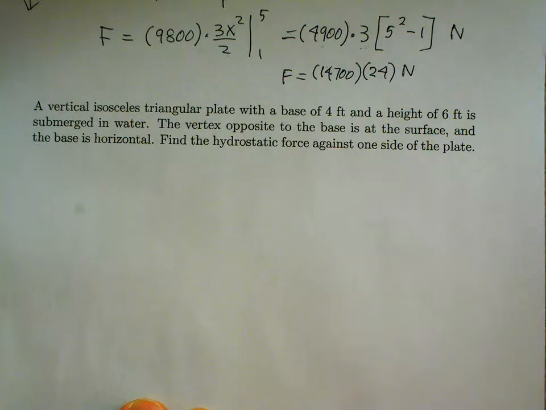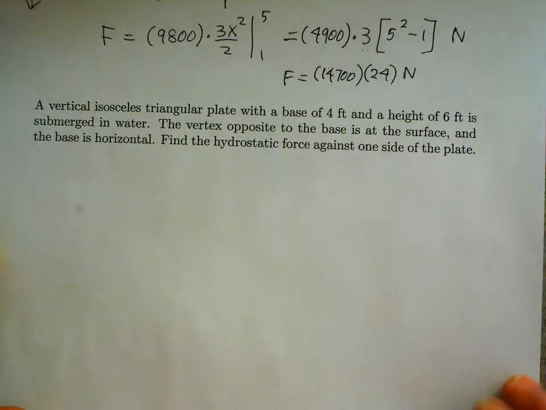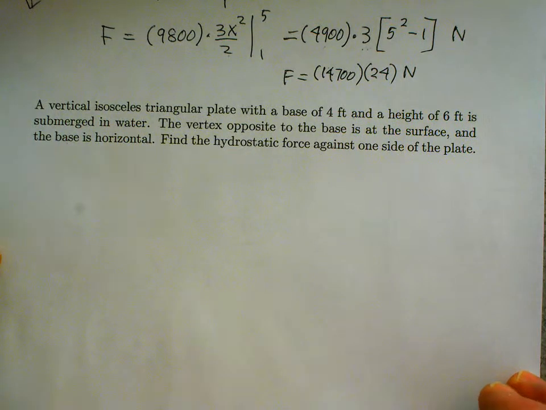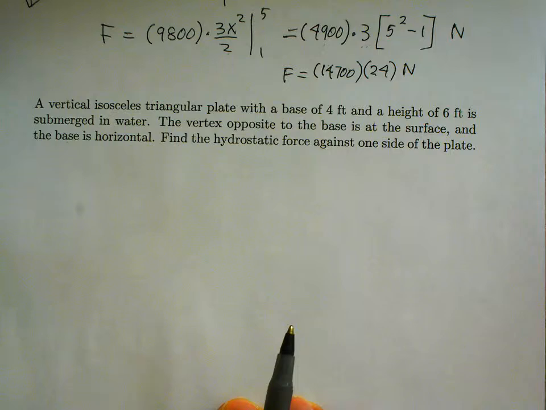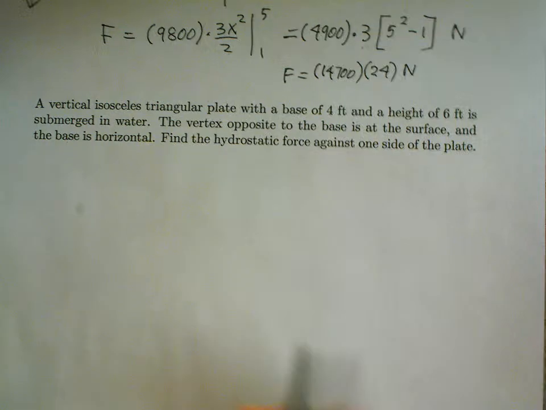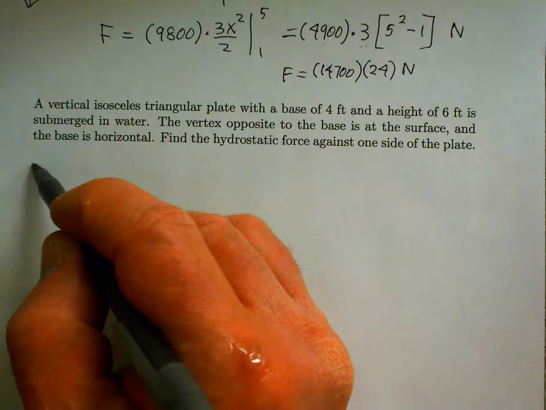The vertex opposite to the base is at the surface, and the base is horizontal. Find the hydrostatic force against one side of the plate. I have to draw a picture.